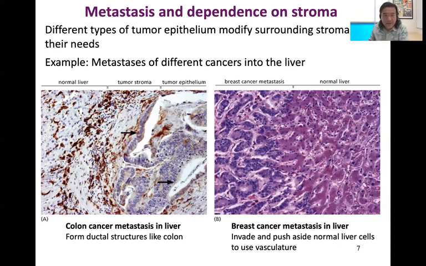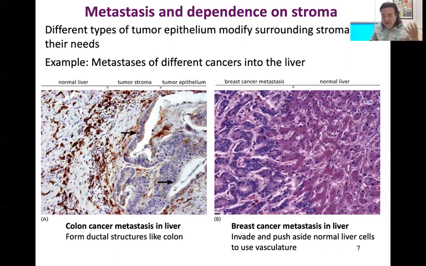Right? A good example of this is, look at this here. So here we have two examples of liver tissue, so this is normal liver tissue, where metastatic cancer cells have arrived in the tissue, right, and have now set up the formation of a metastatic lesion or a new metastatic tumor.